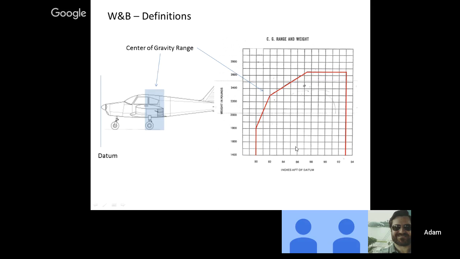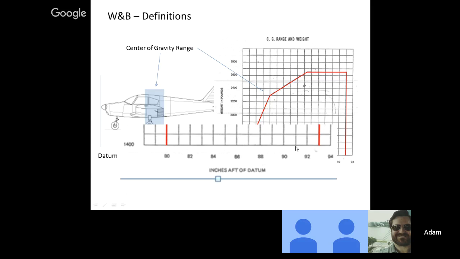In this particular example, you can't really see it, it's kind of blurry, but it's between 80 inches and 93 inches aft of the nose of the aircraft, which is the datum in this particular case. So when we're doing our weight and balance calculations, if we have a center of gravity that's 79 or 94, we're technically outside the operating limitations of the aircraft.